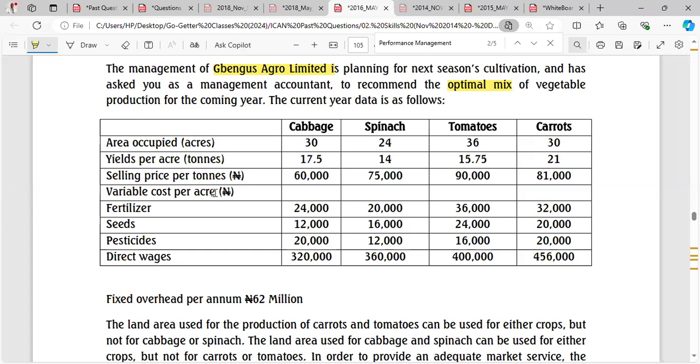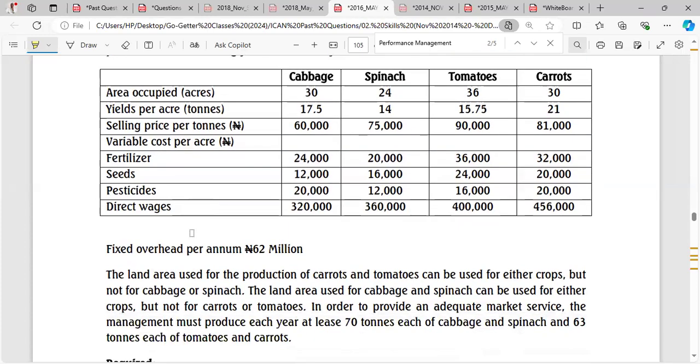So here you are seeing the selling price per ton, this is how much you sell. You are given your yield per acre, so in 1 acre you have this many tons, and this is the whole area that you need to sell your cabbage. Your fertilizers are given to you, all of them per acre. And you are told that your fixed overhead is 62 million.